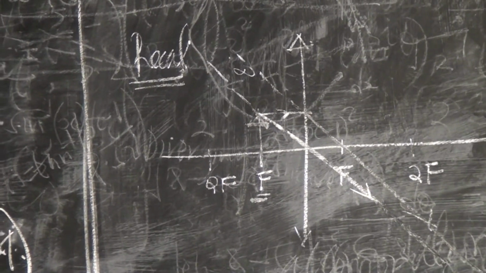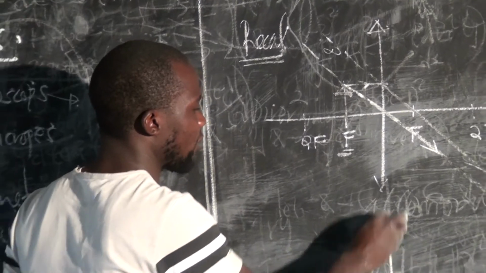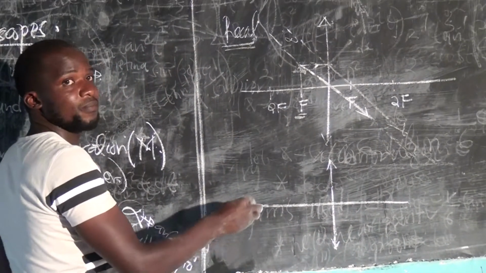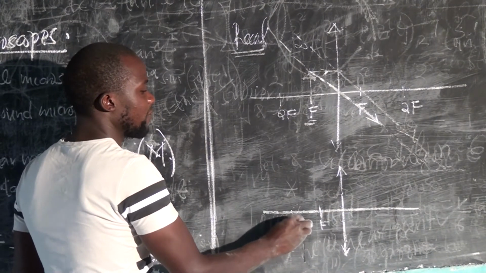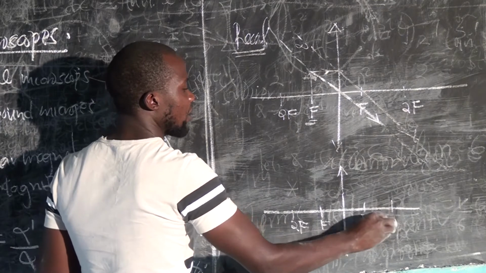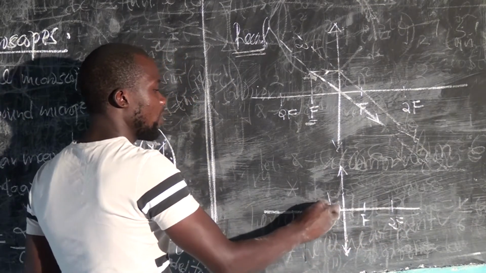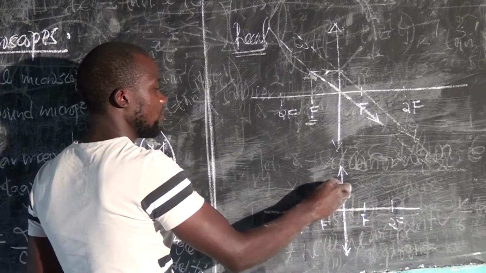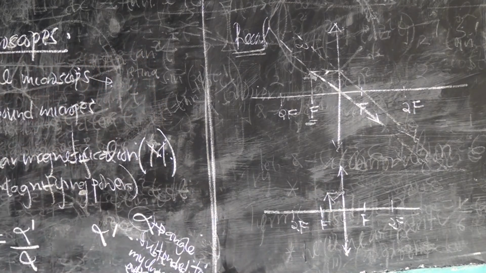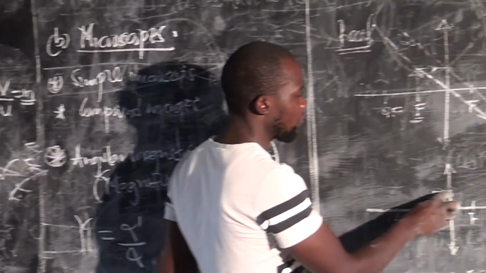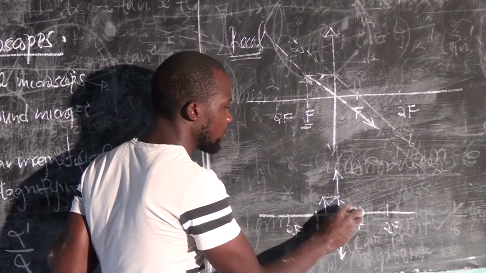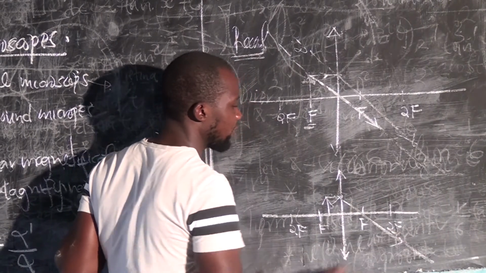But if we are yearning to have our final image at near point, yes, if this is F, this is 2F, the other one is F, and this other one here is 2F, we shall just put it here. We always put it in between F and the pole of the lens, so that whenever light comes from here up to there, it passes through F like that.